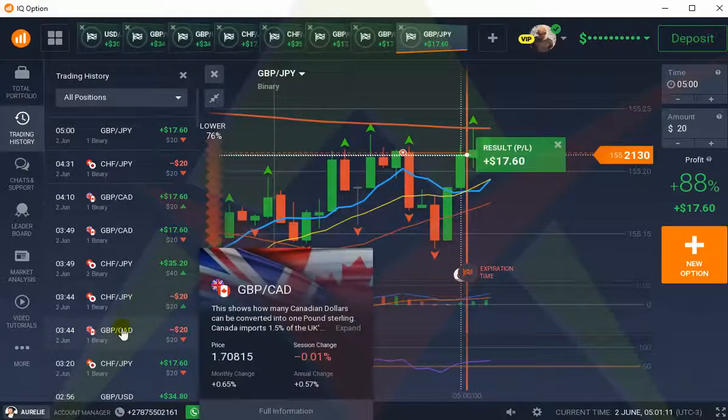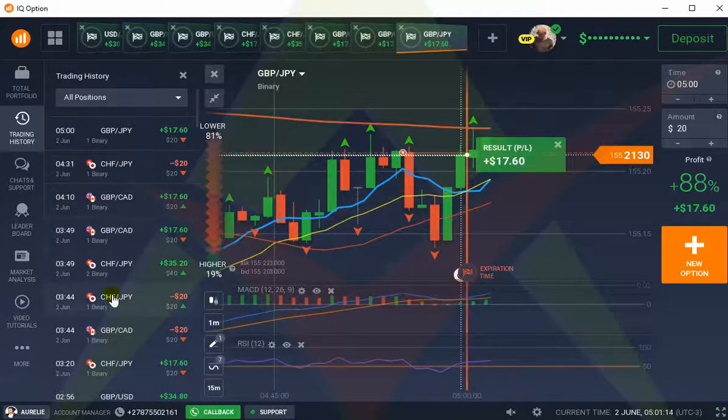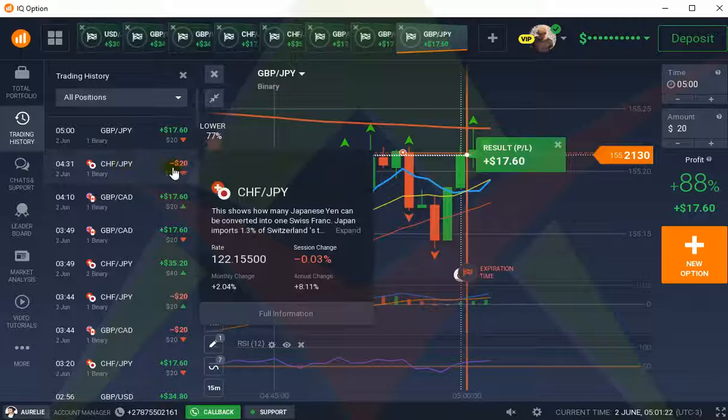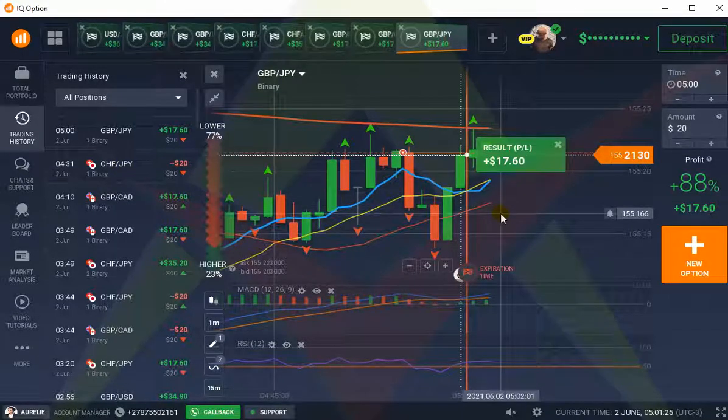Like I lost GBP CAD here, I took it there, I won it, and CHF I took it again the second time, I won it. So that's basically how we take these trades. With CHF JPY here, I lost it and the market continued going the opposite direction, so I completely left it, and now I have a good entry.